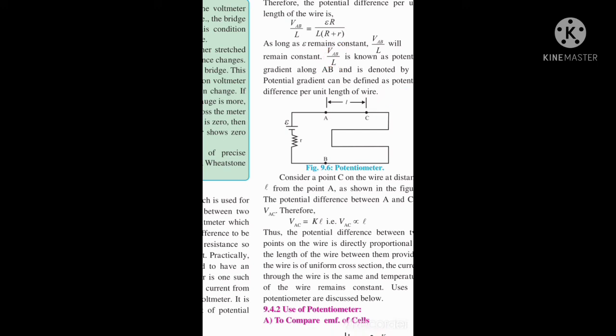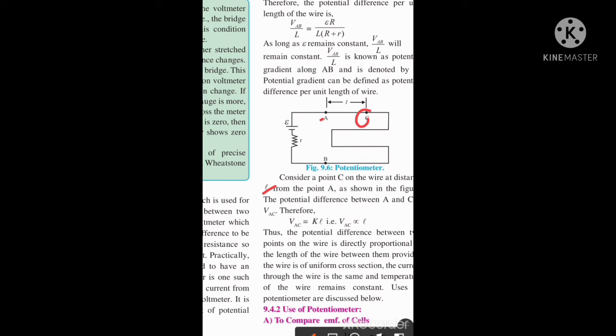After that, in this circuit of figure 9.6, consider a point C. That is the point C, which is along wire AB at a small distance l from point A, as shown in the figure.